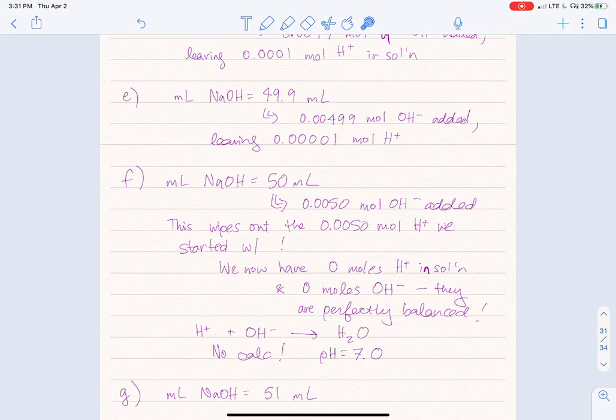And at the equivalence point, we have no moles of protons in solution, nor do we have any moles of hydroxide. They are perfectly balanced. We've added just enough hydroxide to wipe out all the protons and make water. Thus, there's no calculation to be done. It's neutral. The pH is 7.